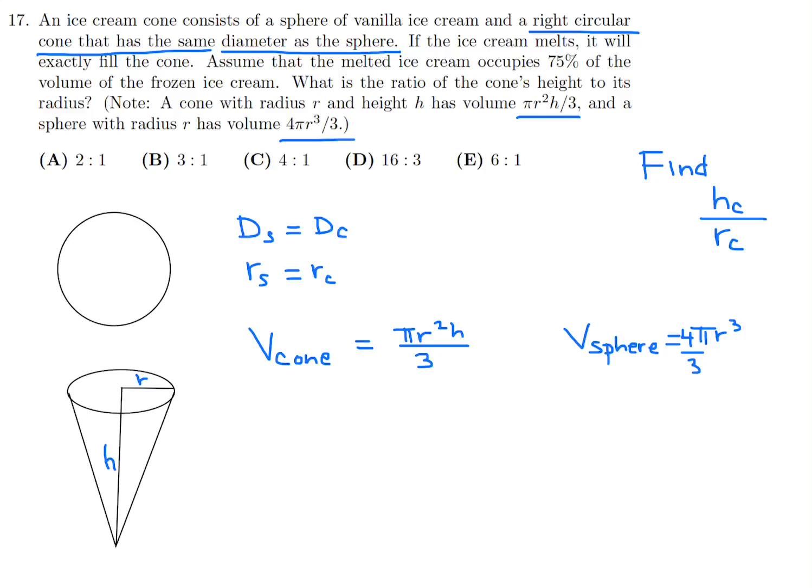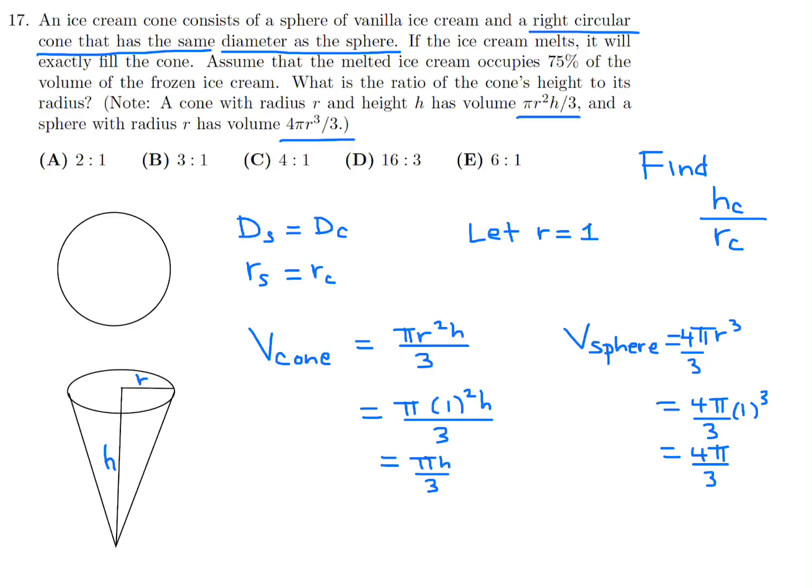Now, did they give us any values here? They don't. So just to make our lives a little bit easier, I'm just going to let r equal 1, right? There's nothing that says we can't do that. So the volume of the cone will be pi 1 squared times height over 3, which is just pi h over 3. And the volume of the sphere will be 4 pi over 3, 1 cubed, and that's just 4 pi over 3.